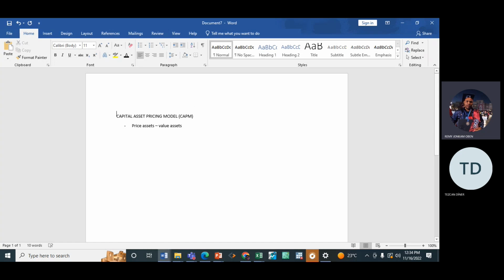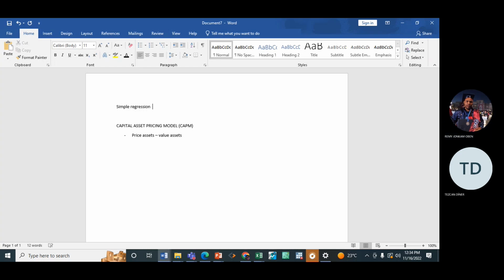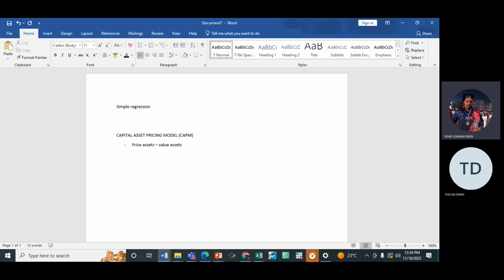Okay, if you remember, actually what we are doing is regression, and we have seen simple regression. Simple regression is a form of regression where there are just two variables, one dependent and one independent. So simple regression is like this: y equals beta 0 plus beta 1 x plus u, right?